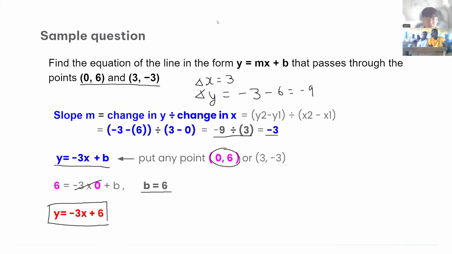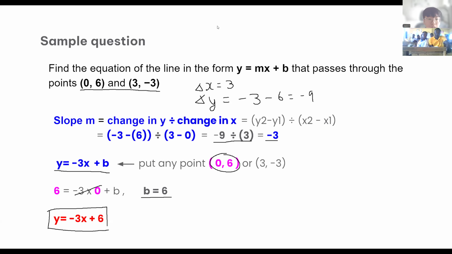Oops. Can everyone see this again? Sorry, I think the screen was frozen for a second. I hope you're able to read the explanation.